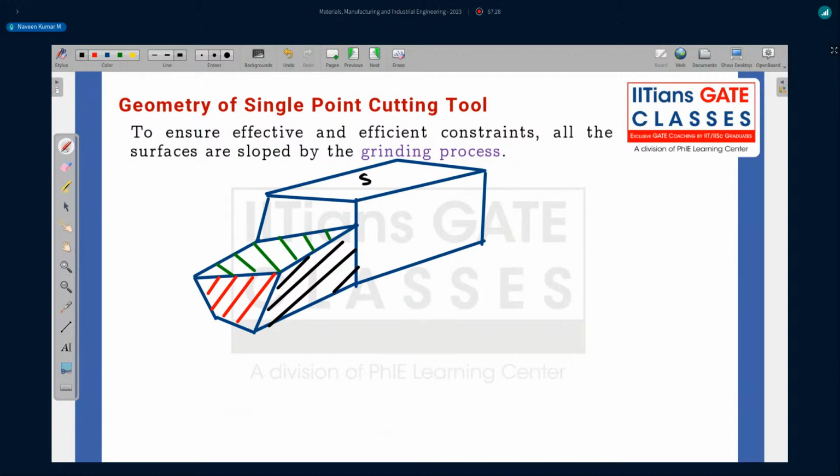So I can say this is your shank here, and this is your side flank, this is your end flank, and this is your rake face.